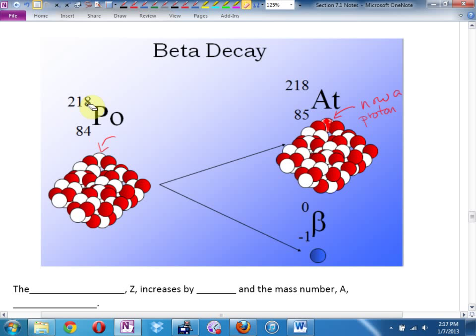What happened to your mass? How much mass did you have beforehand? How much mass do you have afterwards? Why? How much does an electron weigh? 0. What happened to your overall charge? You had a charge of 84 before. You got 85 plus minus 1. What's your overall charge still? 84. That's why you gain a proton.